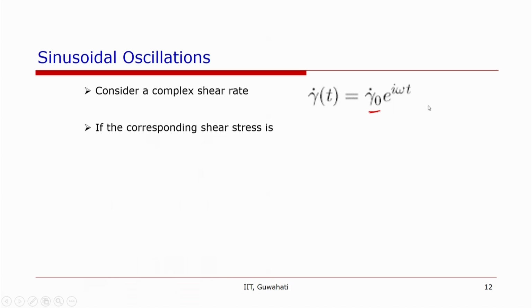And the corresponding shear stress is tau equal to tau naught e to the power minus i delta e to the power i omega t, and this minus i delta has been introduced to take into account the fact that the shear rate and the shear stress will not generally be in phase.